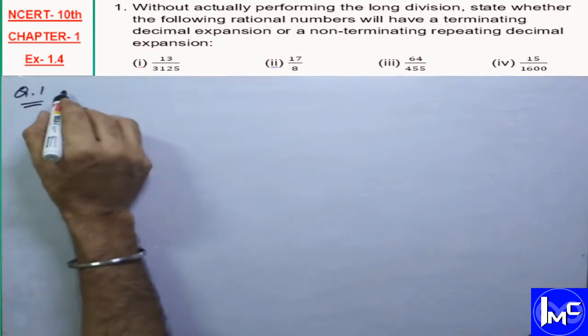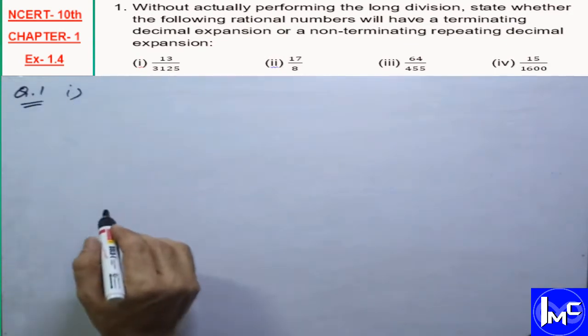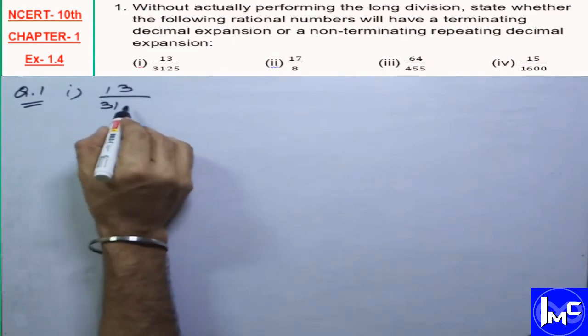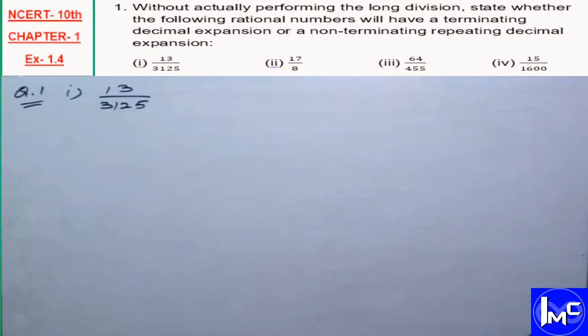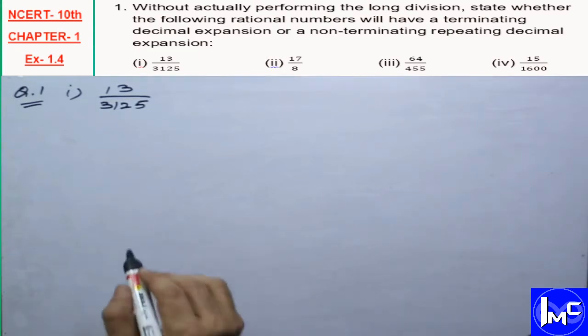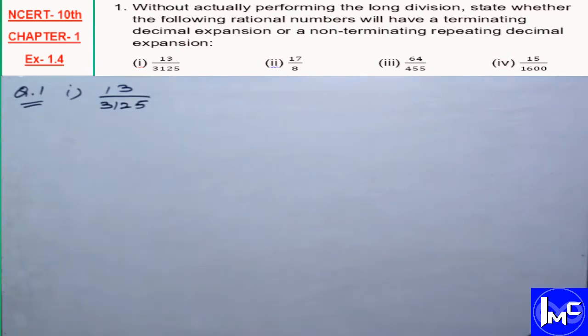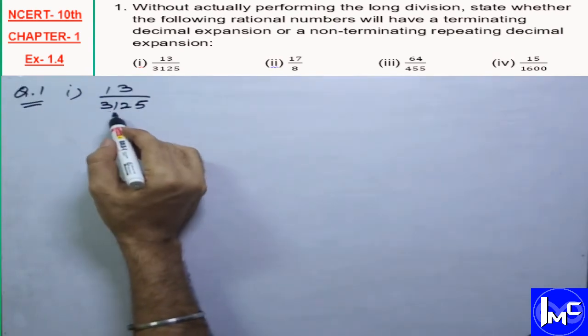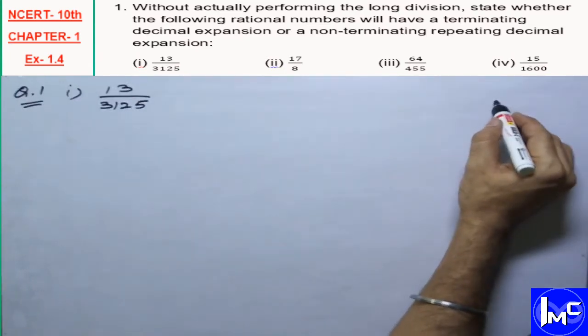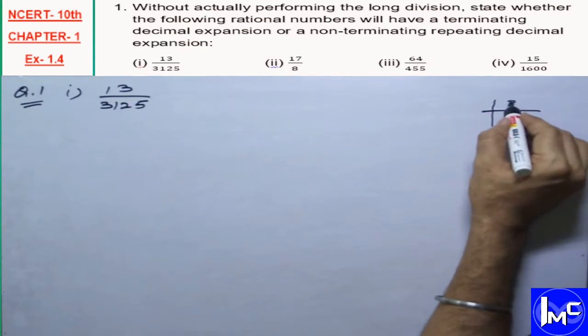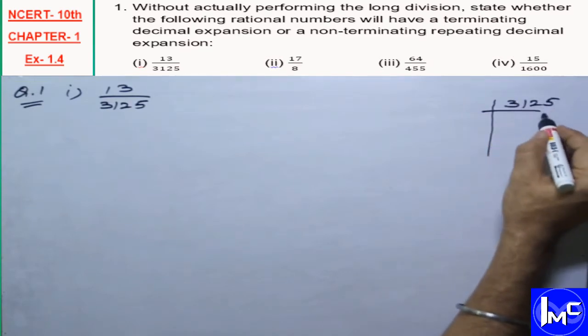First question is 13 over 3125. We know that this is of the form P over Q, and first of all make the prime factors of the denominator.